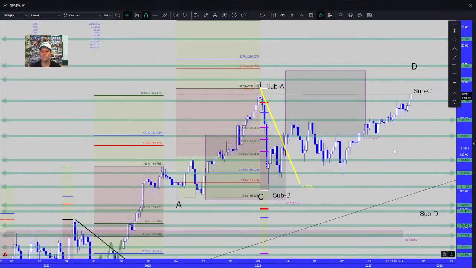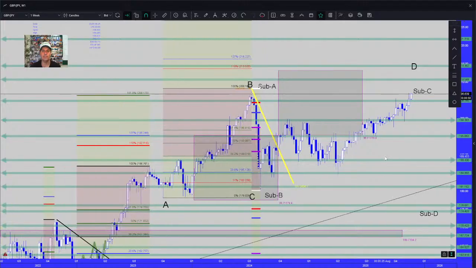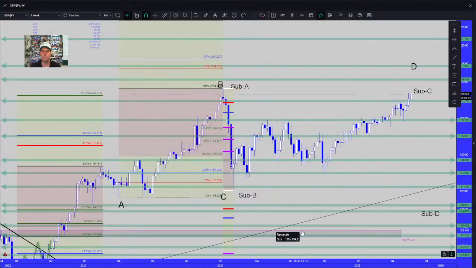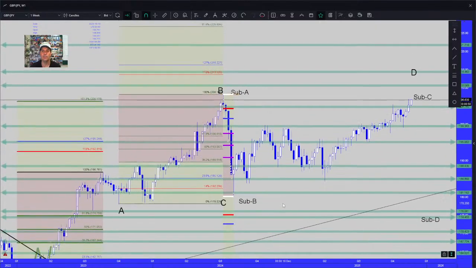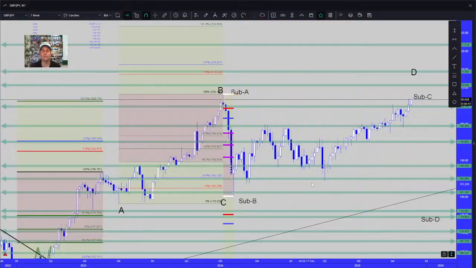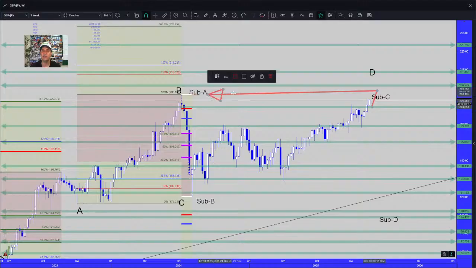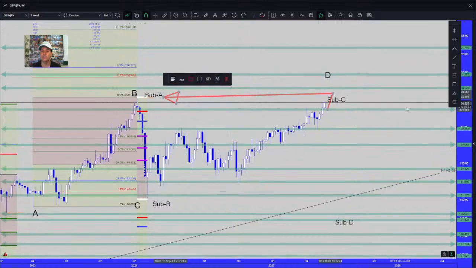All right, so everybody, those are the Fibonacci charts, alright? You should have the original Fibonacci like I do, and you should have the contrarian Fibonacci like I do, alright? Once the market breaks the sub A, and in my humble opinion that is going to happen, then you don't have a contrarian Fibonacci anymore. Are we clear?